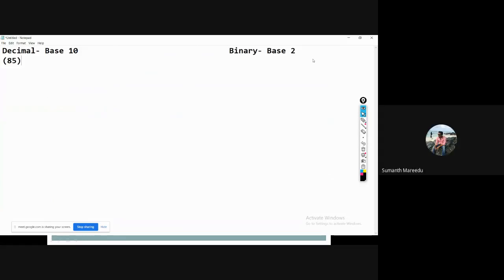The same base 10 number can be converted into binary. That means this 85 can be represented in terms of ones and zeros. Do you people know how to convert it? Anyone know how to convert a decimal number to binary?